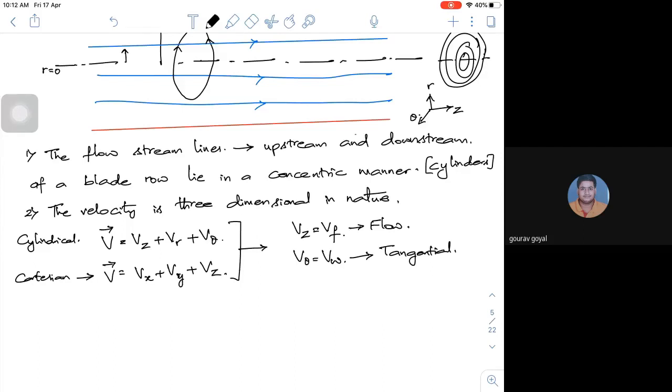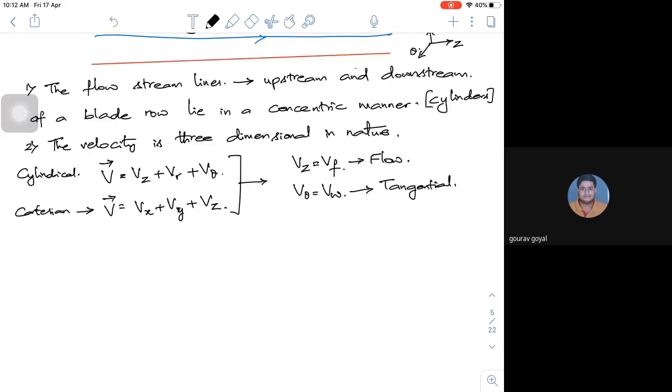Now I can rewrite the velocity in cylindrical coordinates as Vf plus Vr plus Vw, with V theta written as Vw. I call this equation number 1.